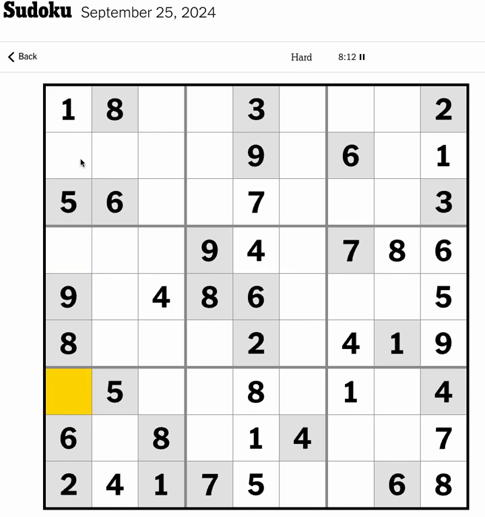So this column is now missing 3, 4, 7. This cell is blocked by 4 and 7, so this is 3. These two are left with 4 and 7. 4 is here, so this is 7, this is 4. These are 3 and 9.